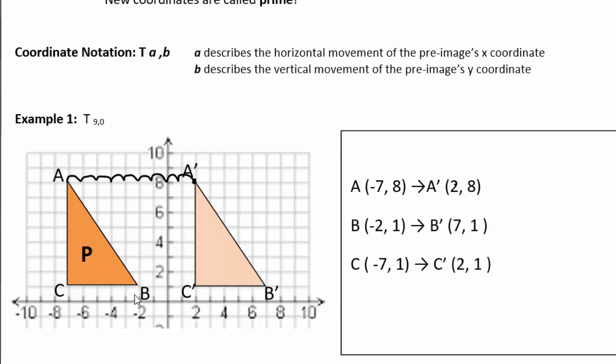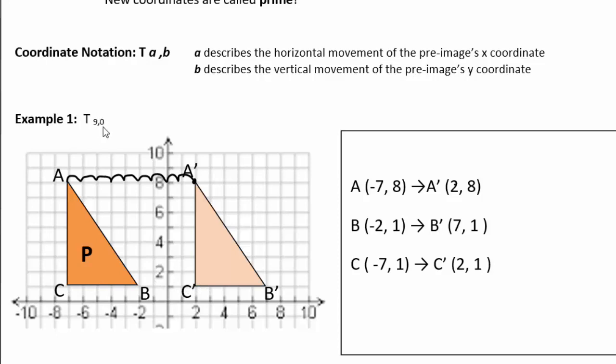How'd you do? Here is our resulting image of the pre-image triangle P, and we should have found A prime to be at 2, 8, B prime to be at 7, 1, 7 on the x-axis, 1 on the y-axis, and C prime to be at 2, 1, because that would be each point translating or sliding 9 units to the right.